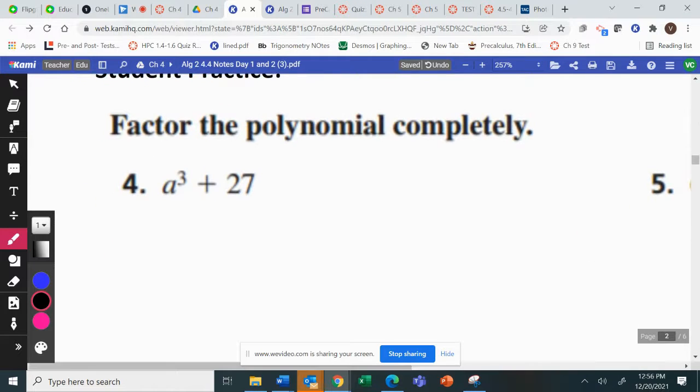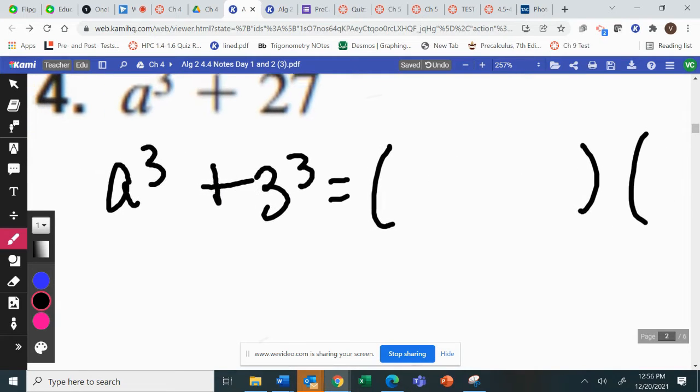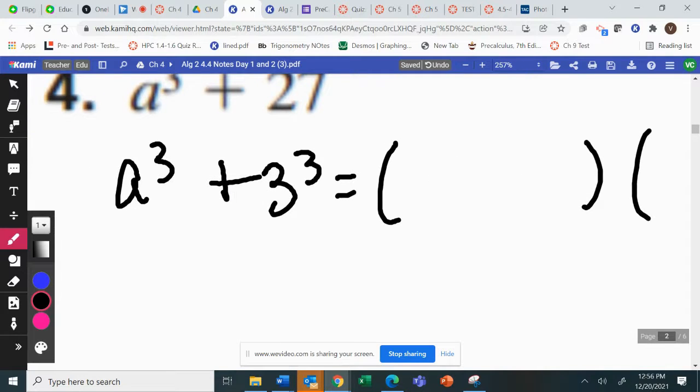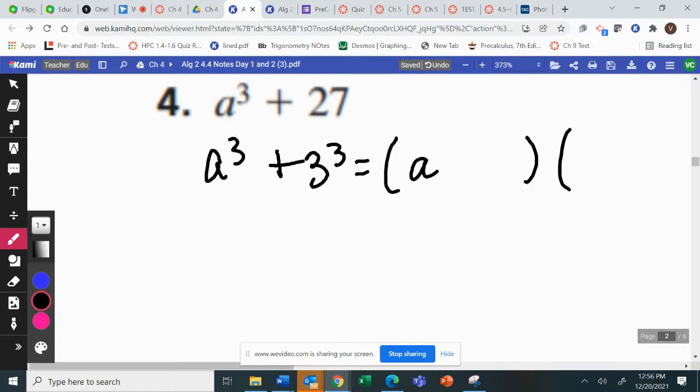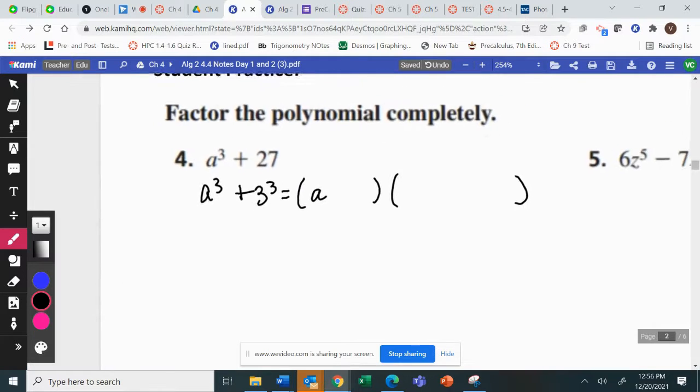Okay, number 4. A cubed plus what cubed? 3 cubed. Carson, what's going to go in my first parenthesis? A. Do you have the formula in front of you?